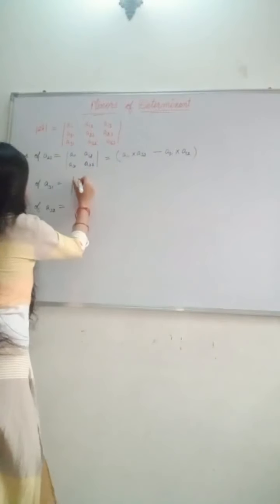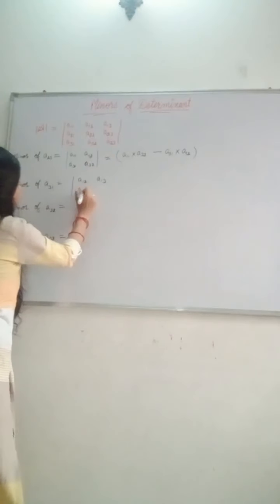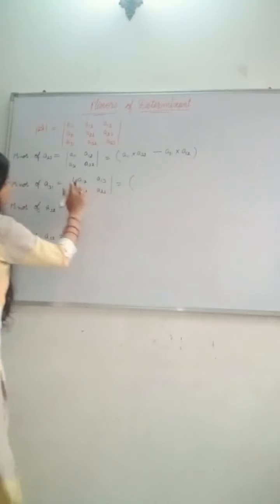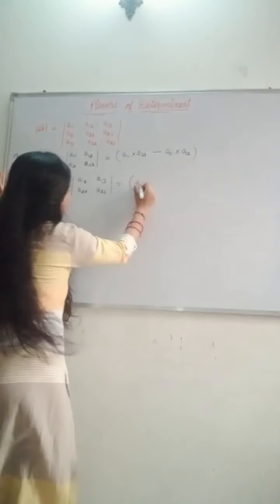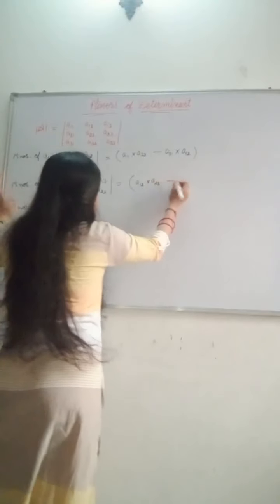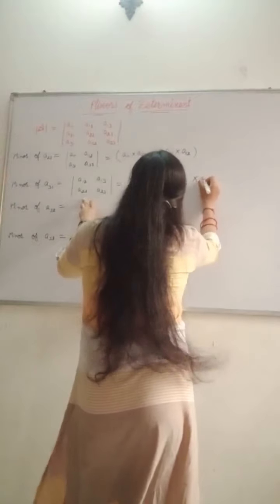So I am going to skip third row, first column. Put other elements here. Now put multiplication of these two elements, subtraction sign, A22 element into A13 element.